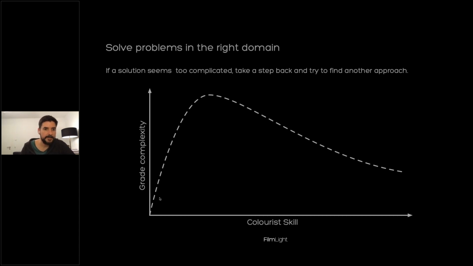But let's talk about the software here. And so in the beginning, you're learning the software and you can start using more and more parts of it. And then your grades will become more complex because you're always dealing with complex problems that you need to solve. But then in the long run, as you're growing in your skill set and as a colorist, you come up with simpler approaches.